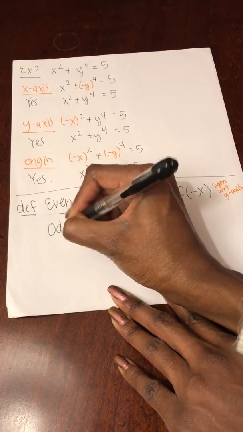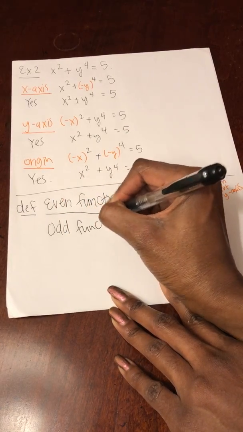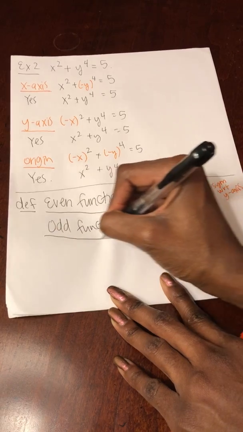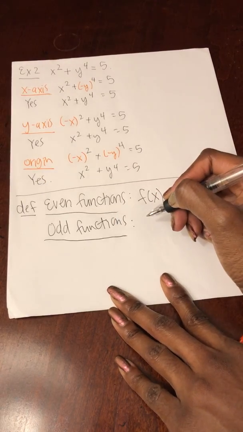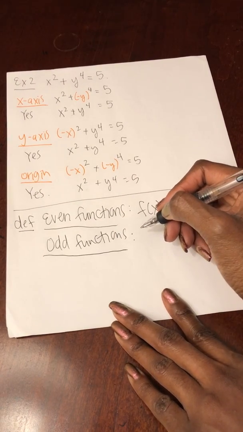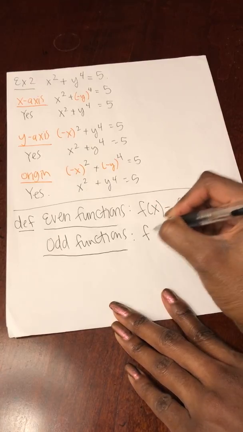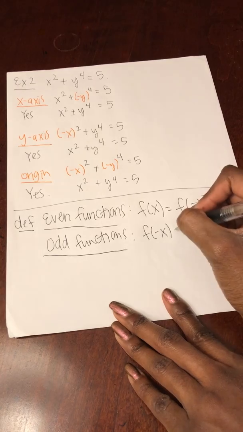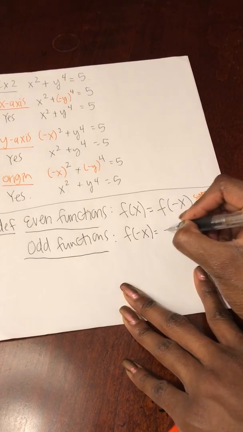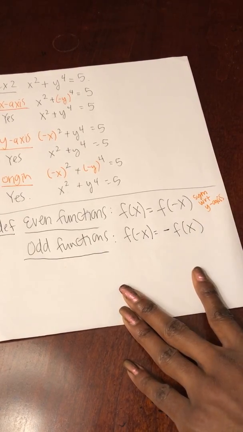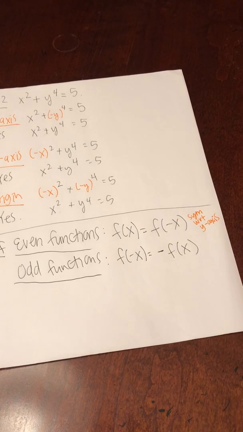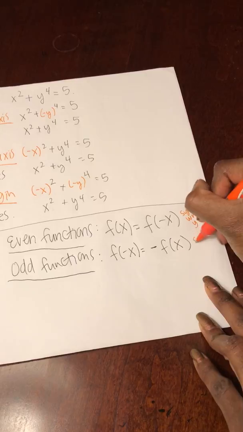And now we also have odd functions, okay? And our odd functions are a little bit different. So this is when we're going to have f of negative x, and it's going to be equal to negative f of x, okay? So this one looks a little strange. And this one's going to be symmetric with respect to the origin, okay?